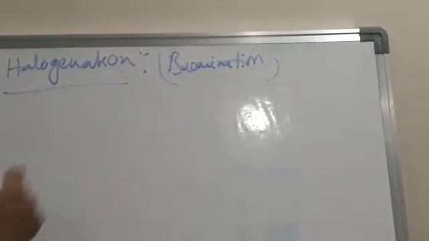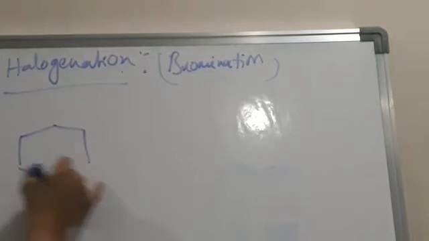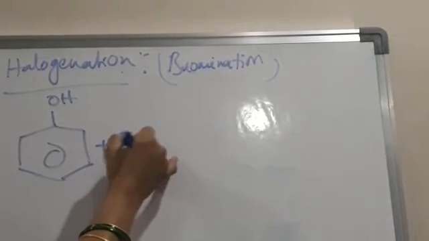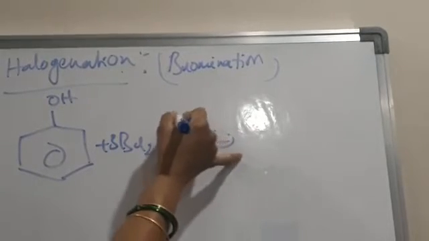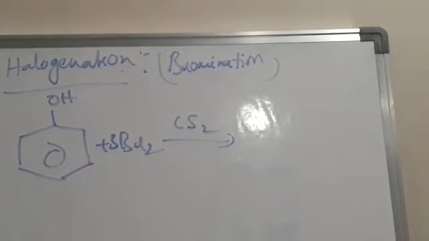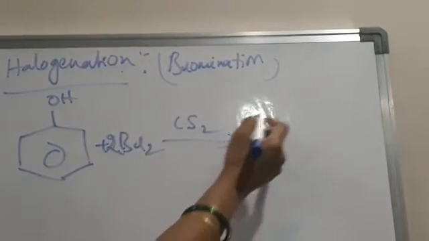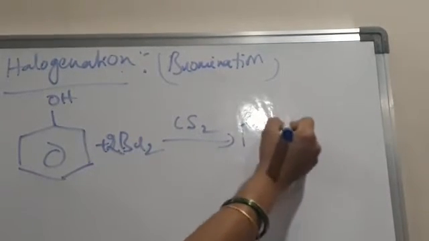So first, phenol undergoes bromination in presence of carbon disulfide. The solvent here is carbon disulfide. Here we get a mixture of two compounds.